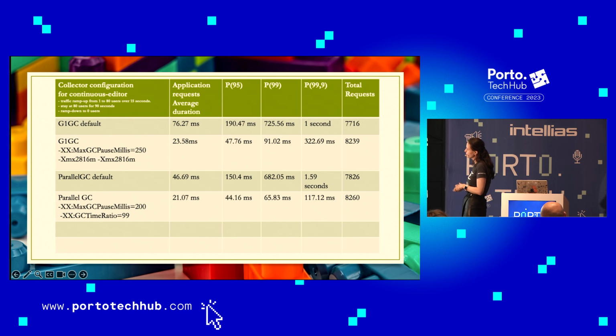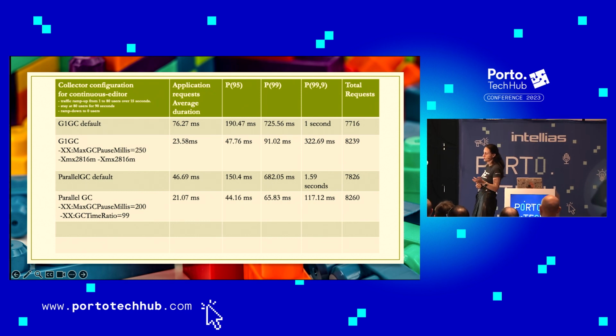Between parallel and G1 GC, of course the defaults for parallel GC do better, even for the continuous editor. And in the case of fine-tuning, it does better as well. However, for this one, which is I/O bound, I didn't manage to get latency below 10 milliseconds. So we should investigate some more later on.